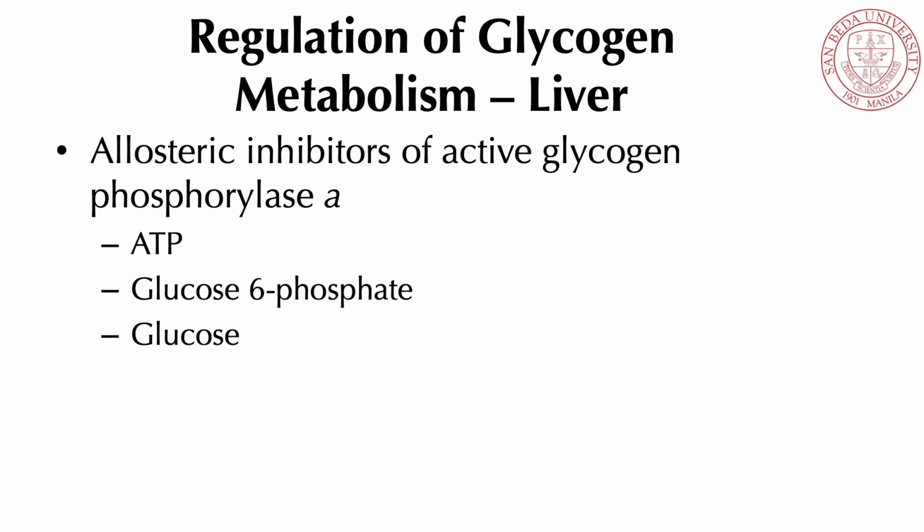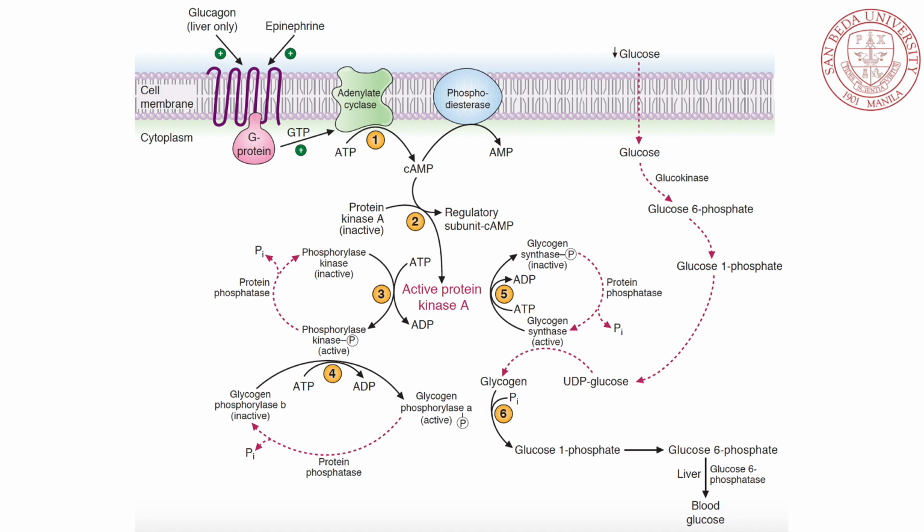Now, activated hepatic glycogen phosphorylase has 3 known allosteric inhibitors, namely ATP, glucose-6-phosphate, and glucose. Now let's inject some rationalization into the allosteric inhibition of glycogen phosphorylase by ATP, glucose-6-phosphate, and glucose. When there's already enough ATP produced, there's no further need for more ATP production from glucose metabolism for the time being.